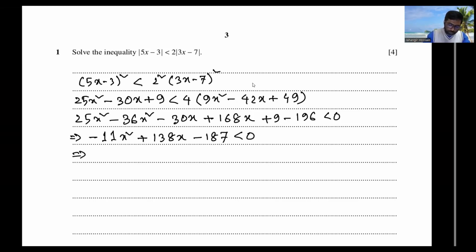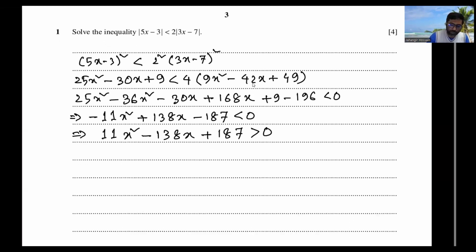So divide by minus sign. Minus 11x squared becomes plus 11x squared, minus 138x plus 187, and the sign of the inequality changes as well. Now, since it's a quadratic inequality, find the critical values.